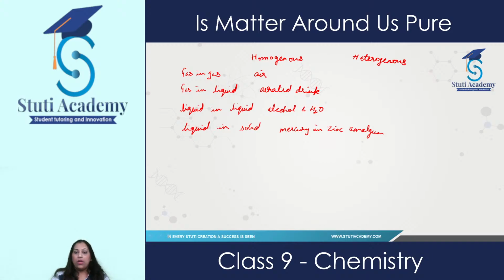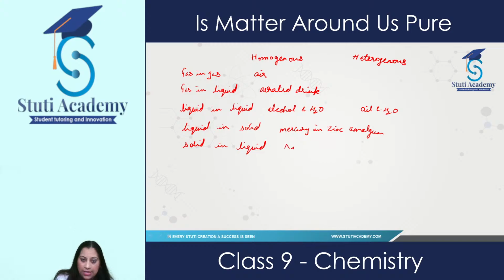Okay, now in heterogeneous mixture, we are talking about liquid in liquid. So an example of such kind is oil and water. Okay, now next is solid in liquid. So when we mix solid and liquid together, what kind of mixture is this?